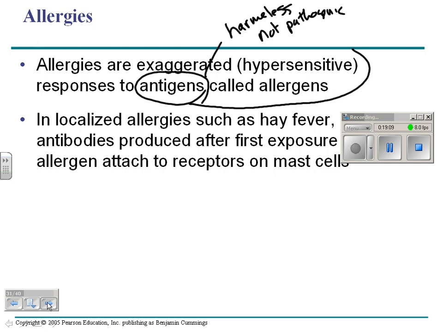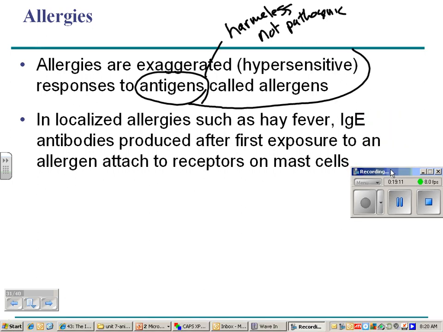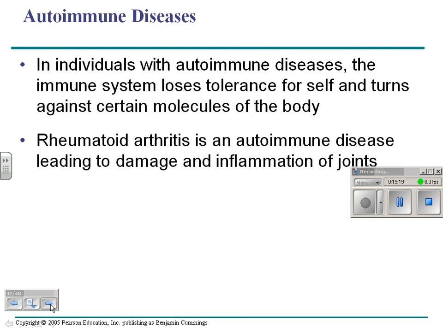You can get localized allergies, and you can get other kinds of allergies. We're not going to go into any detail on that, but just know it's a hyper-exaggerated response to a harmless antigen. There are autoimmune diseases where, for some reason, the immune system loses tolerance for self and attacks certain molecules of the body.